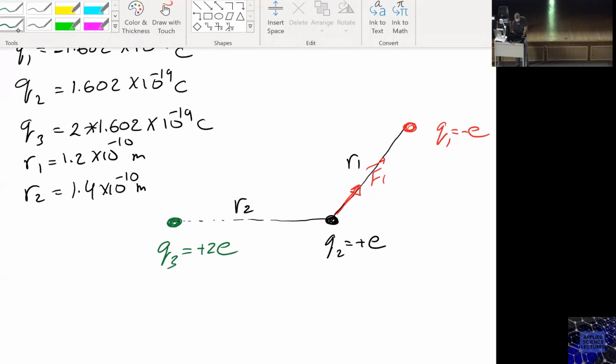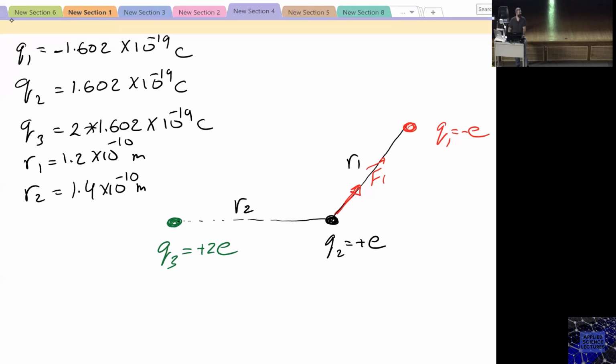What about the force due to Q3 on the proton? Is it attractive or repulsive? Repulsive, because Q2 is positive and Q3 is positive. Then F3 is going to be a repulsive force.